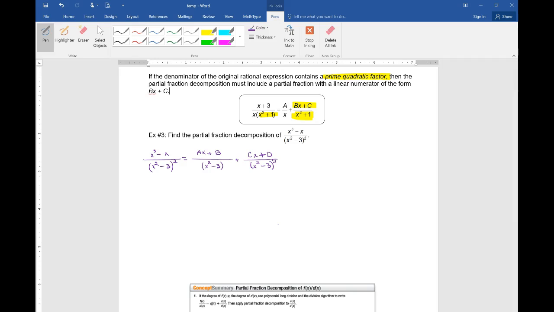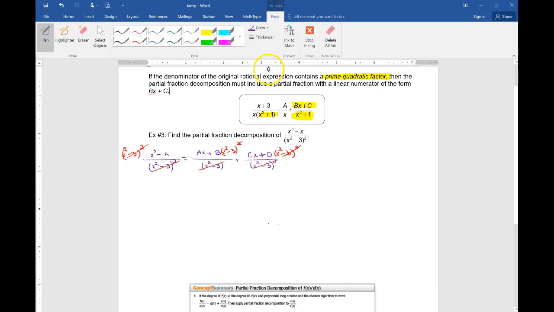What you have to do next is pretty much the same. So let's multiply with the common denominator. All right, everything cancels here, everything cancels here. 1 times x squared minus 3 cancels there.